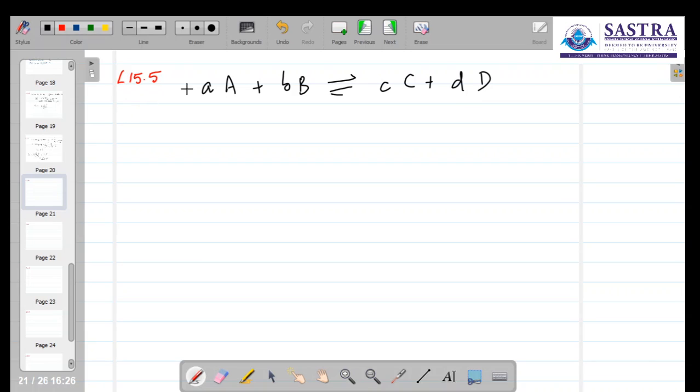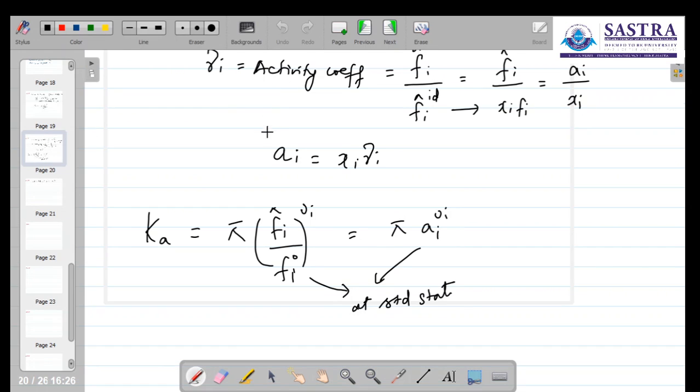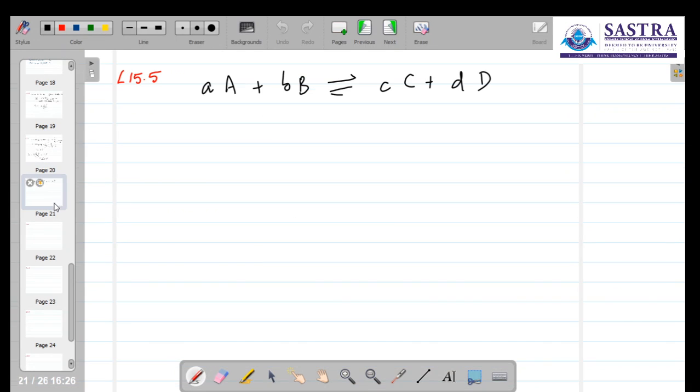But let us use component index, because if we use a also for stoichiometric coefficient, then it becomes tough because we are already defining a_i as an activity. So to make sure that there is no ambiguity in the use of the expression, I will write this as the stoichiometric coefficient of the first component. This is the stoichiometric coefficient of the second component, third component, and the fourth component.